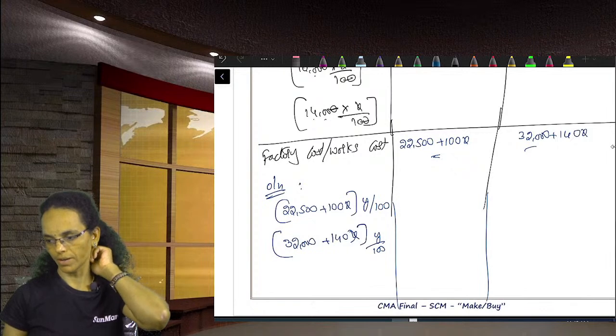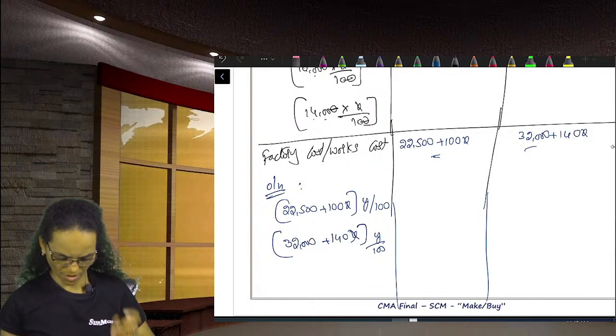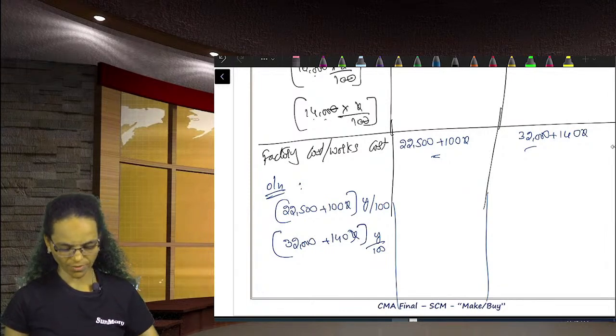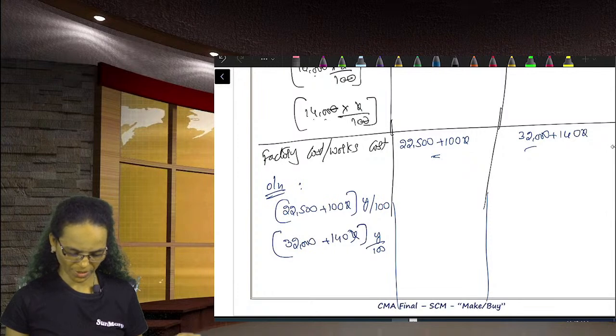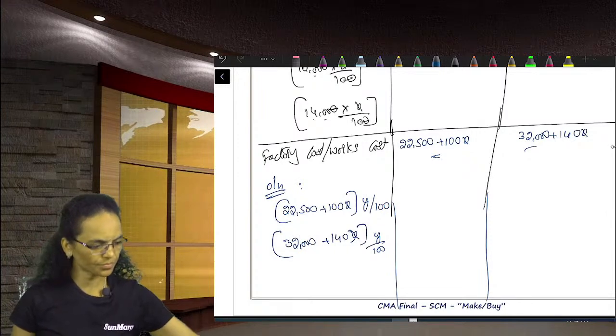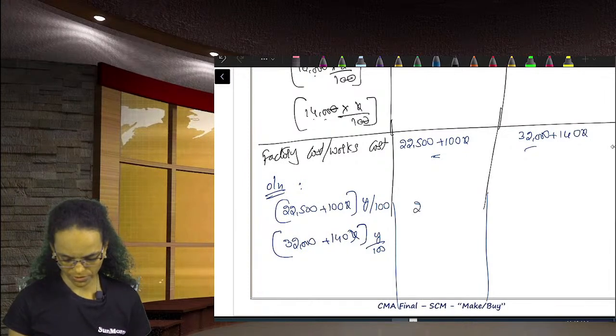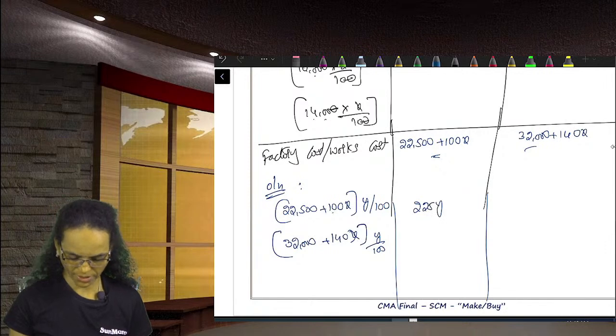So this one, 22,500 divided by, you cross multiply this, is 225y, 100 gets cancelled, plus xy.